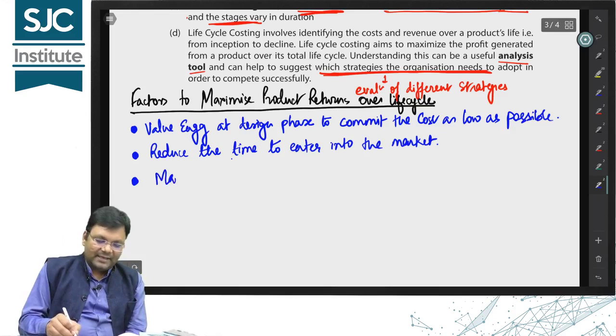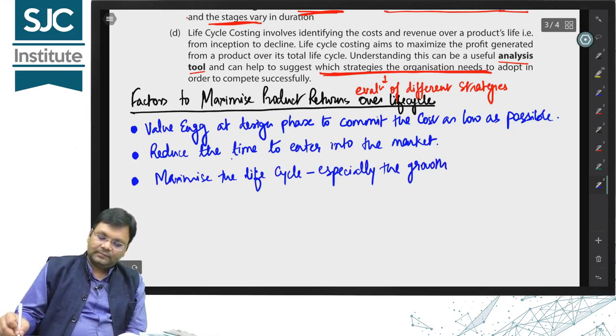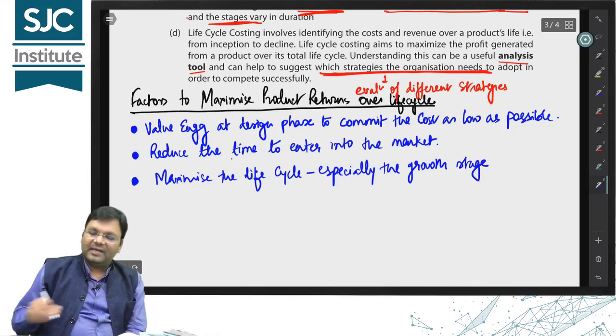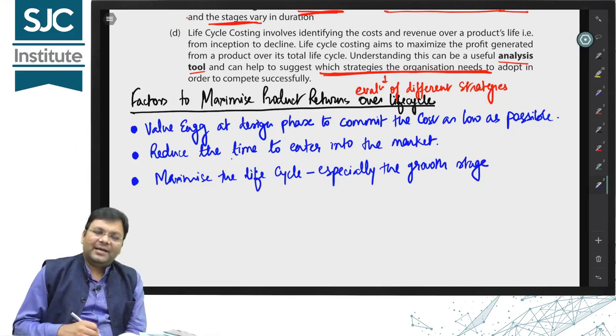Lastly, maximize the life cycle, especially the growth stage. So try to be in growth stage as much as possible. Means keep strengthening your supply chain, keep your price intact.